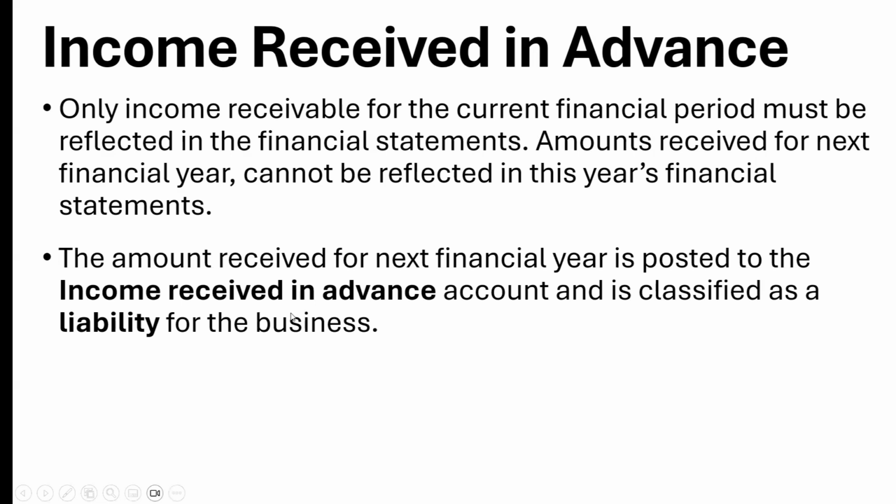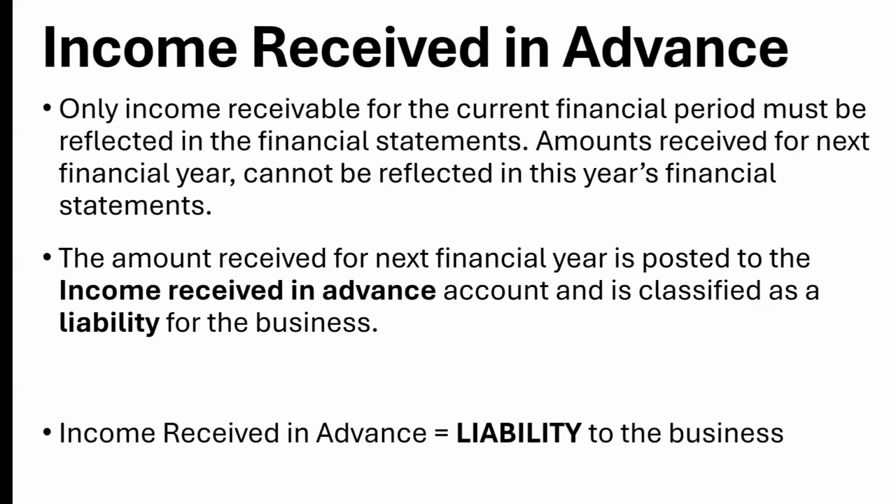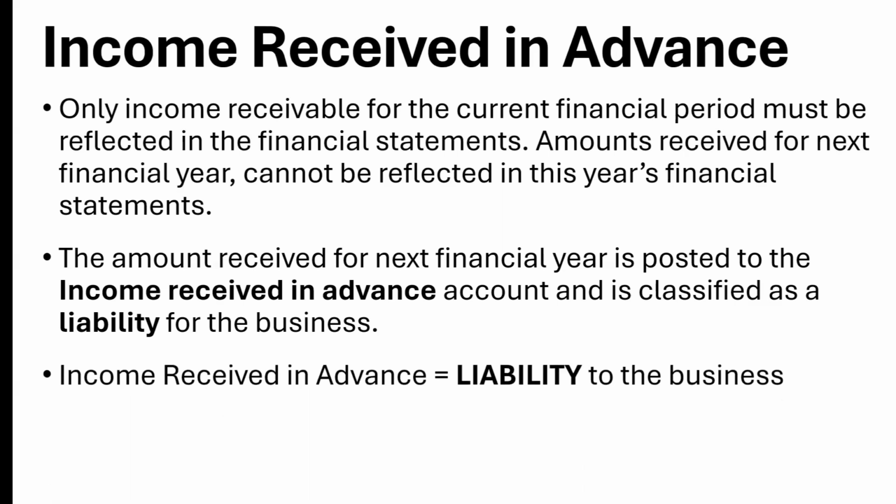The amount received for next financial year is posted to the income received in advance account and is classified as a liability for the business, because at financial year end, that money is owed, as we are not yet supposed to receive it. So income received in advance is a liability to the business.